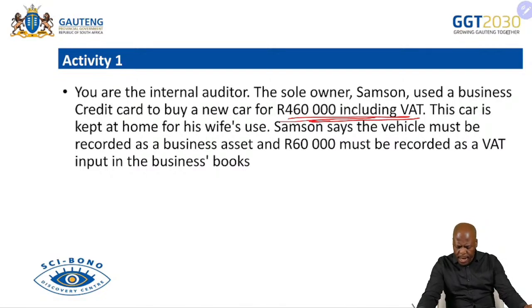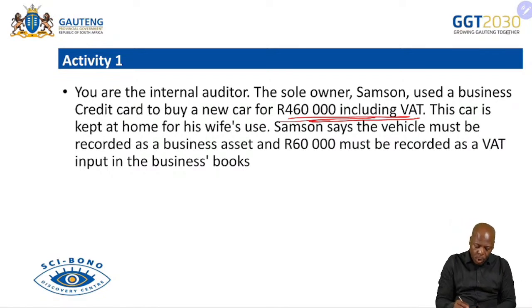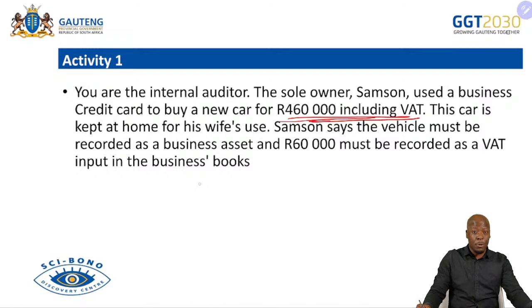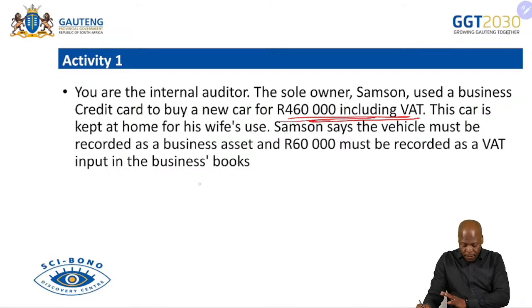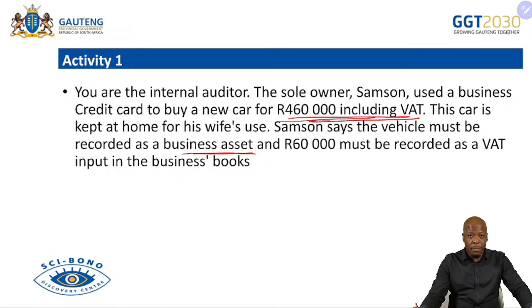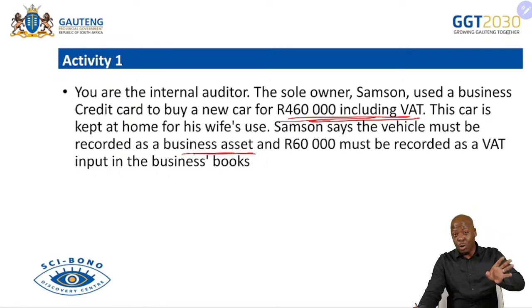Sampson says the vehicle must be recorded as a business asset. Remember now, this vehicle is kept at home. Why did he buy the vehicle? Was it to use it in the business or for personal use? He bought it for his wife, so this is for personal use, okay? It has nothing to do with the business. But Sampson says the vehicle must be recorded as a business asset, even though it is not a business asset.